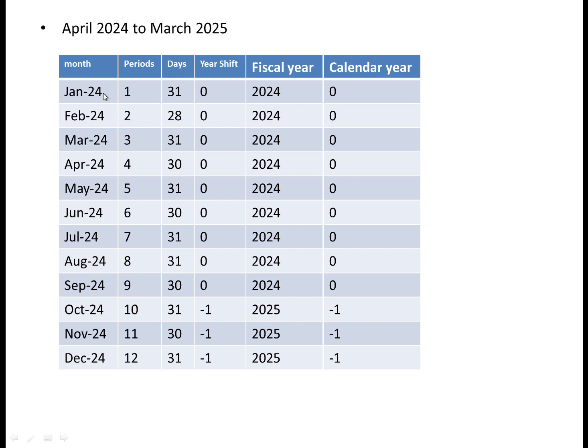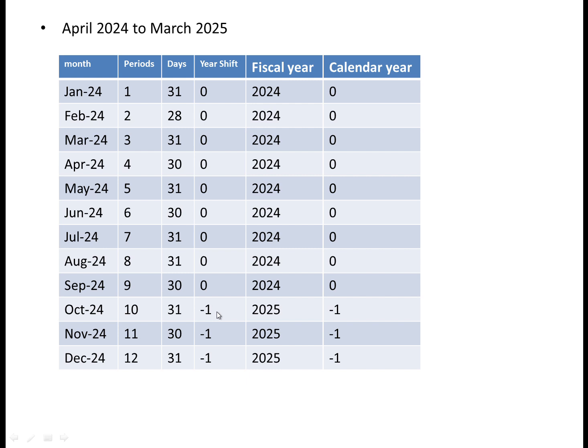You got the point? The 9 posting periods are under 2024, so the fiscal year is 2024. So why do we use this -1? This -1 will be used when the fiscal year is 2025.